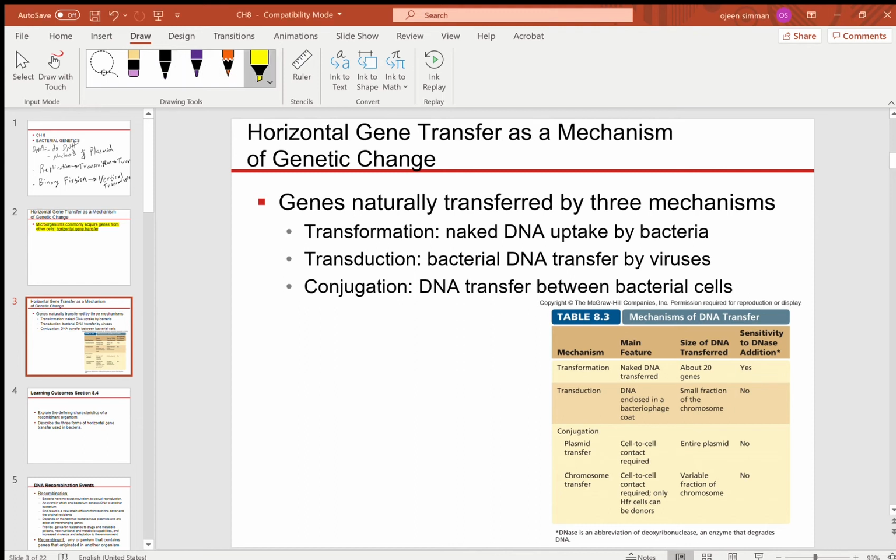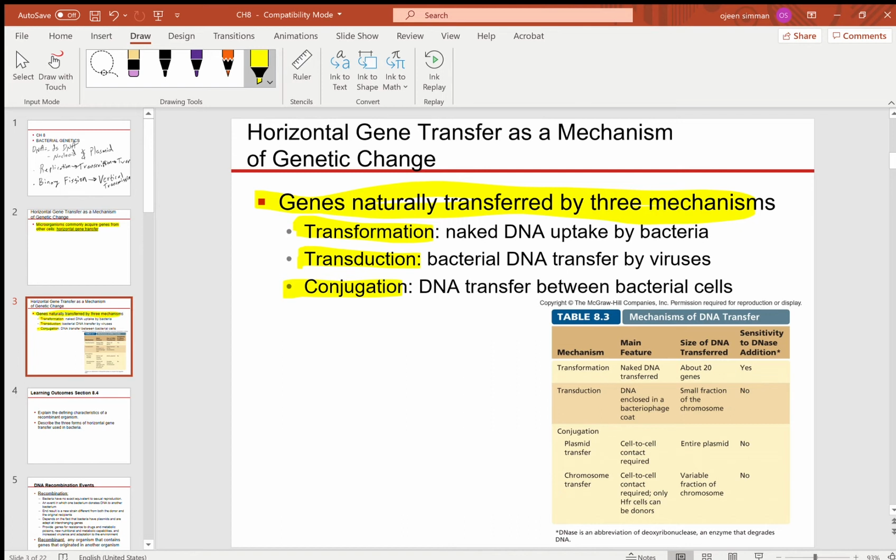So what are the ways or the mechanisms by which genes can be transferred horizontally? One way is transformation, another transduction, and then we have conjugation. Three mechanisms.